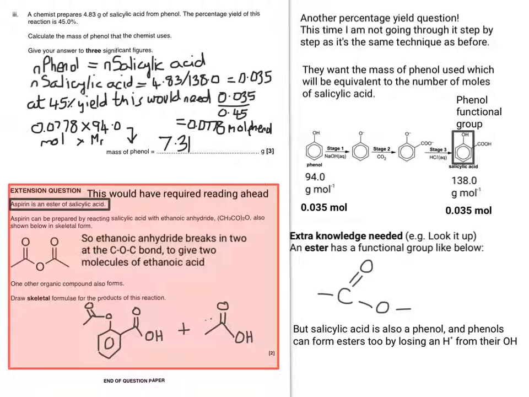So what's going on is that the ethanoic anhydride molecule breaks in two at the C single bond O single bond C, and that gives two molecules of ethanoic acid, one of which goes on to react with the phenol part of salicylic acid to make aspirin, and then the other one goes off and forms a spare side product of CH3COOH.